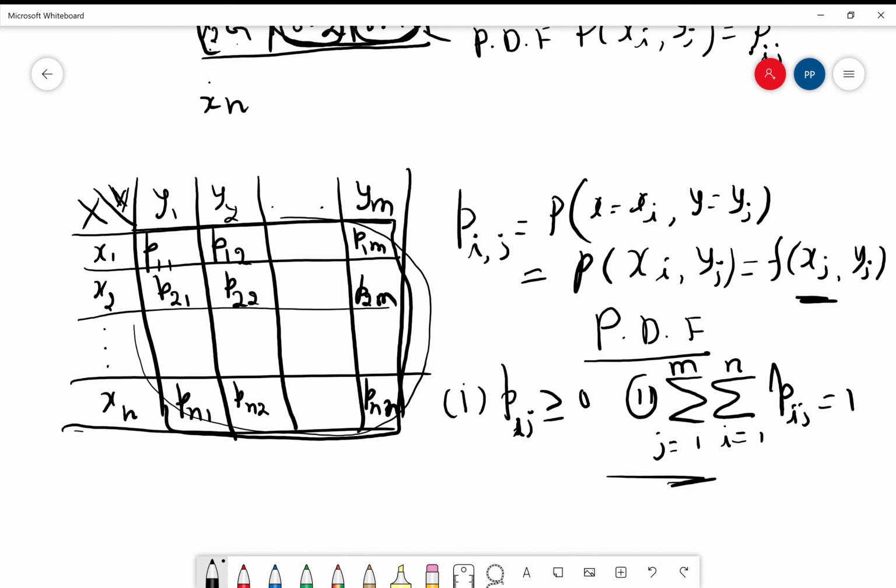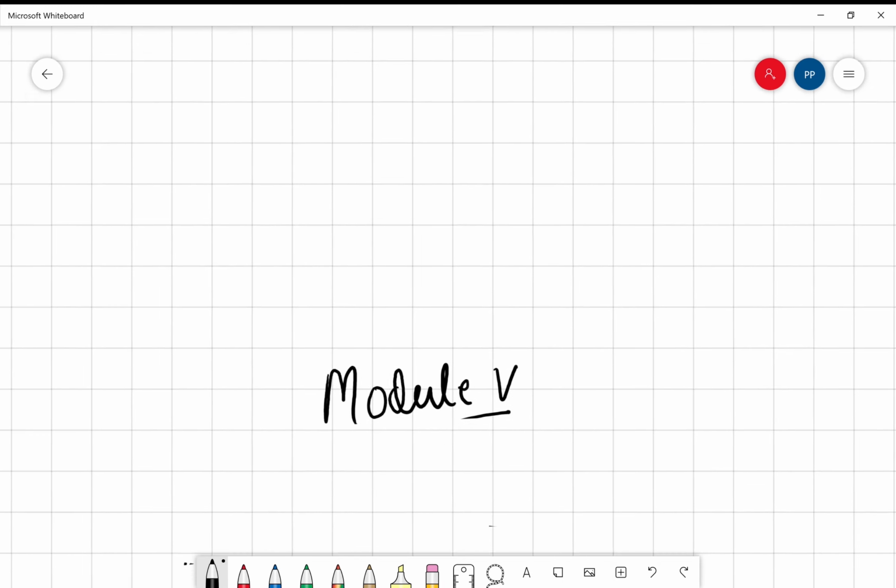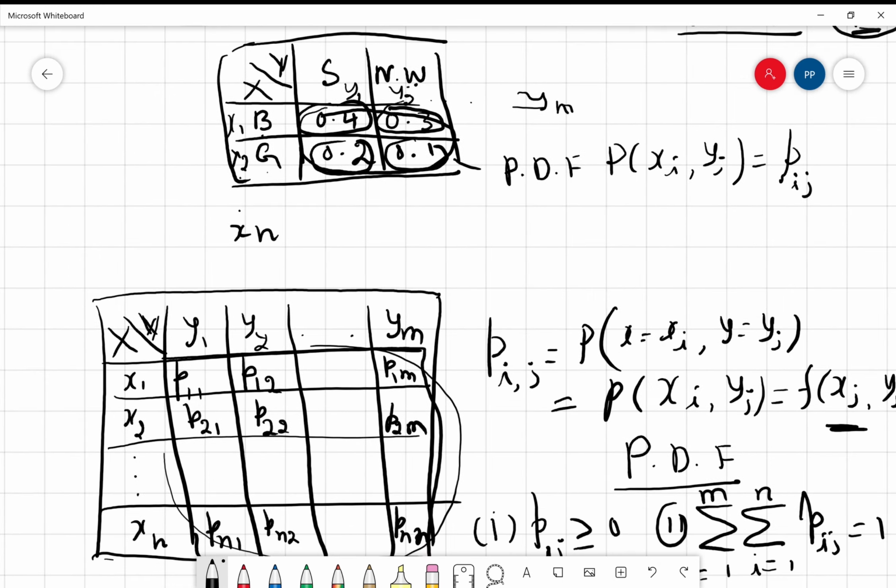These are the two conditions satisfied by that function called PDF, and the corresponding distribution is nothing but the discrete joint probability distribution. I gave one example here. In fact, I started with an example only.